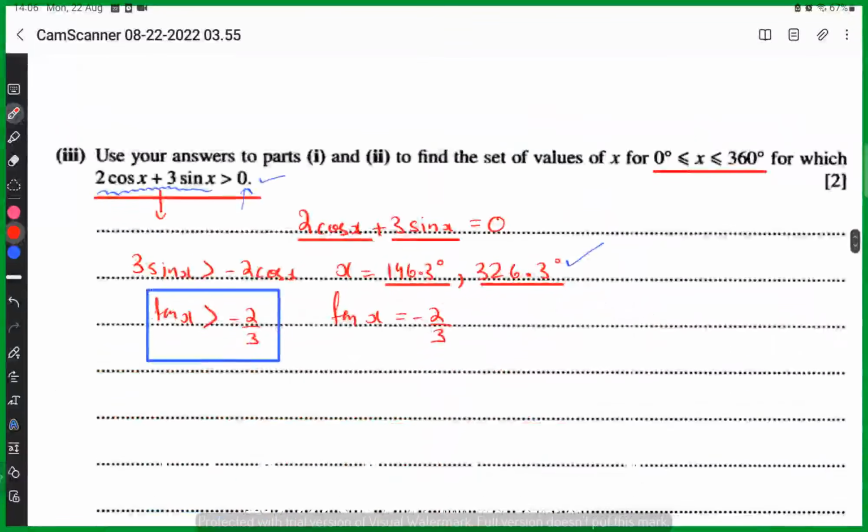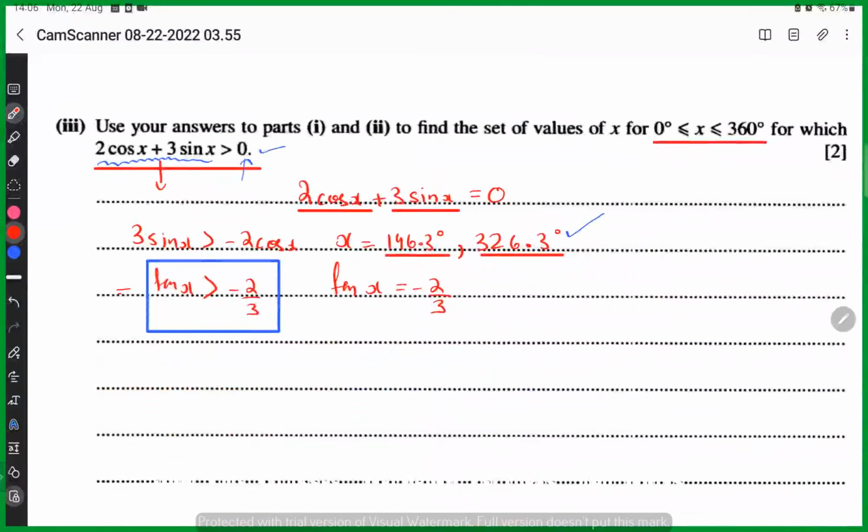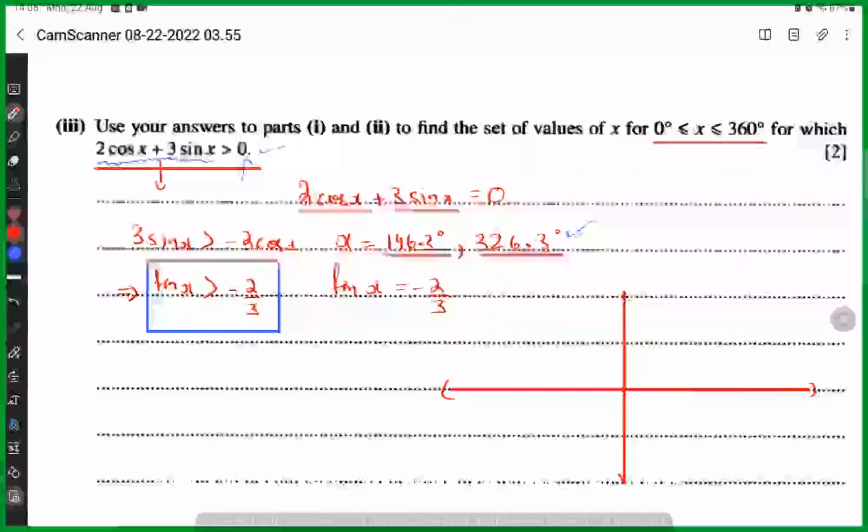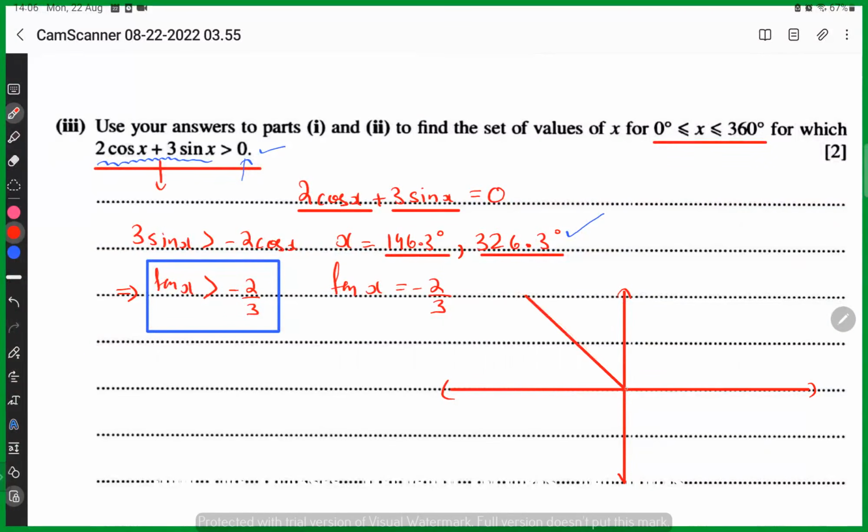This is what we got: tan is greater than minus 2 by 3, okay? So if I talk about the quadrants at this point, from the previous part, tan was negative. So this was the line and this was the line.